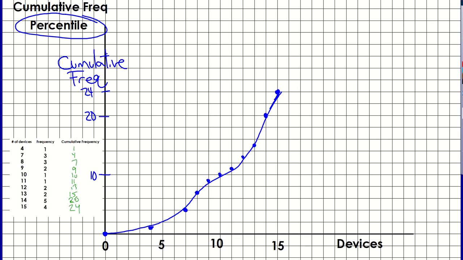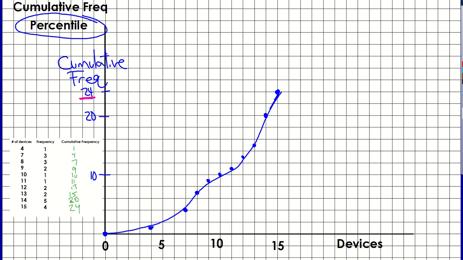Percentile means that value would be greater than or equal to what percent of the data. So the highest value is the 100th percentile, that 24 is greater than or equal to 100% of the data by the time I get to the cumulative frequency of 24.